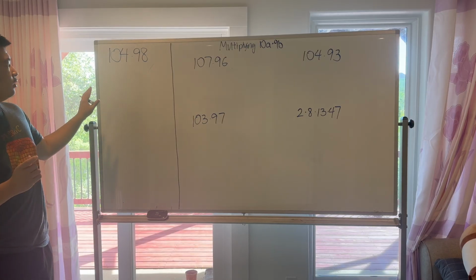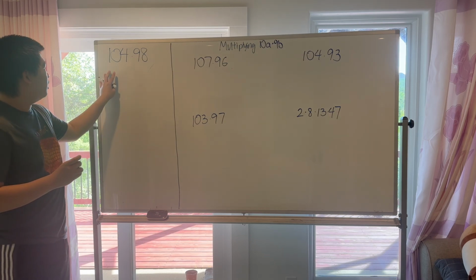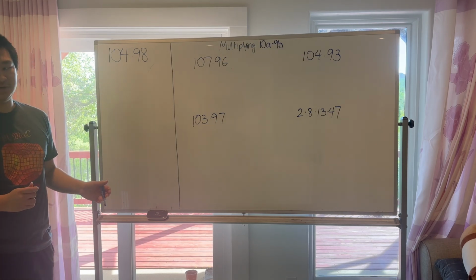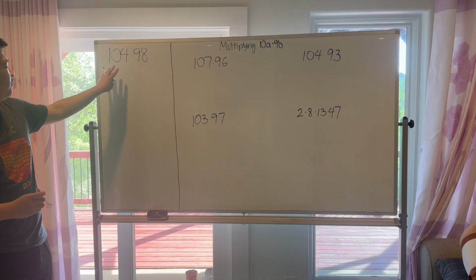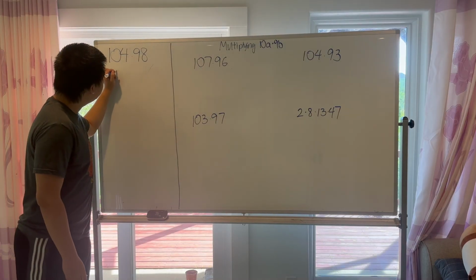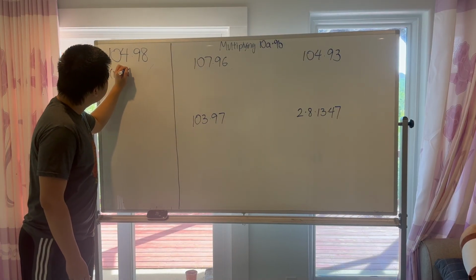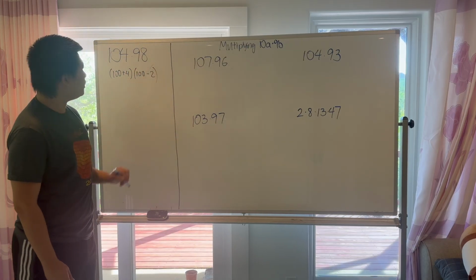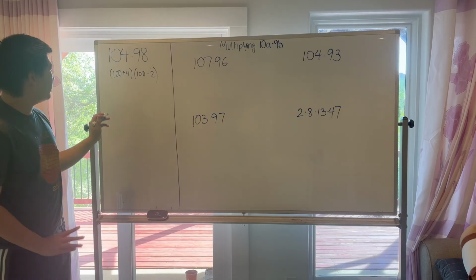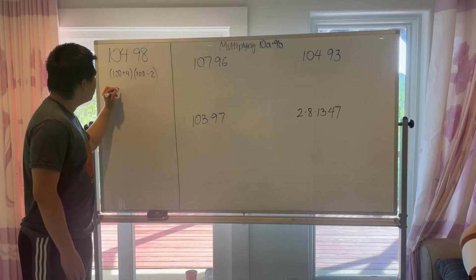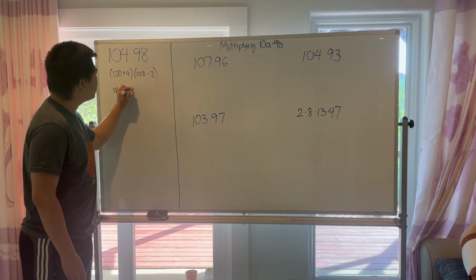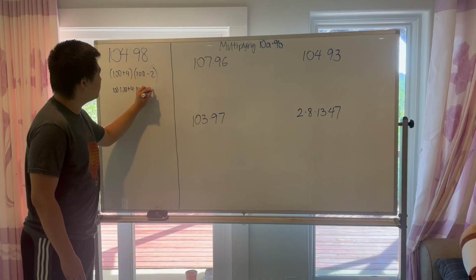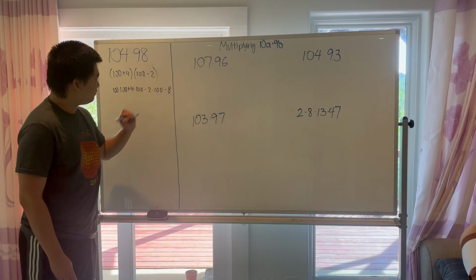Now, you'll see in a bit why this is the hardest video out of the three, but let's just see it. First, we'll use the same idea by expanding these in terms of 100s. So I'll say 104 is 100 plus 4, and 98 is 100 minus 2. Now, when we FOIL this out, what we're going to get is 100 times 100 plus 4 times 100 minus 2 times 100 minus 8.